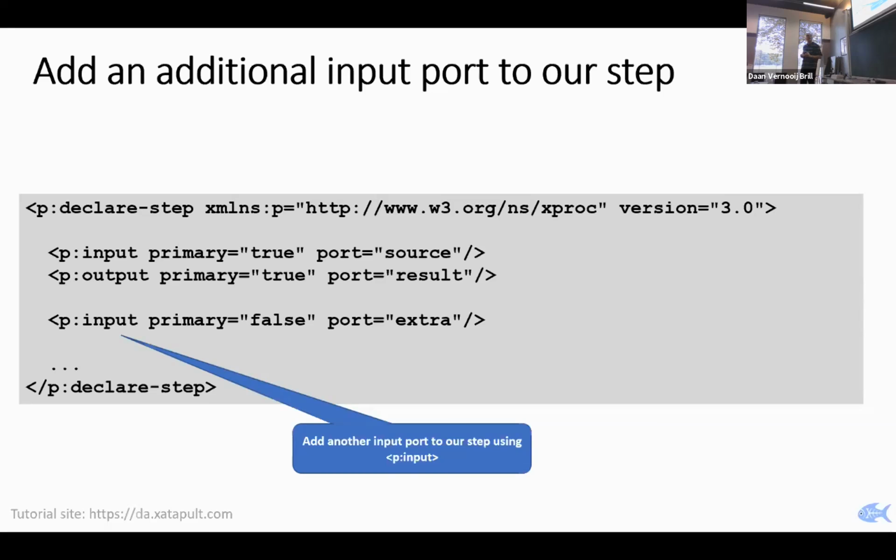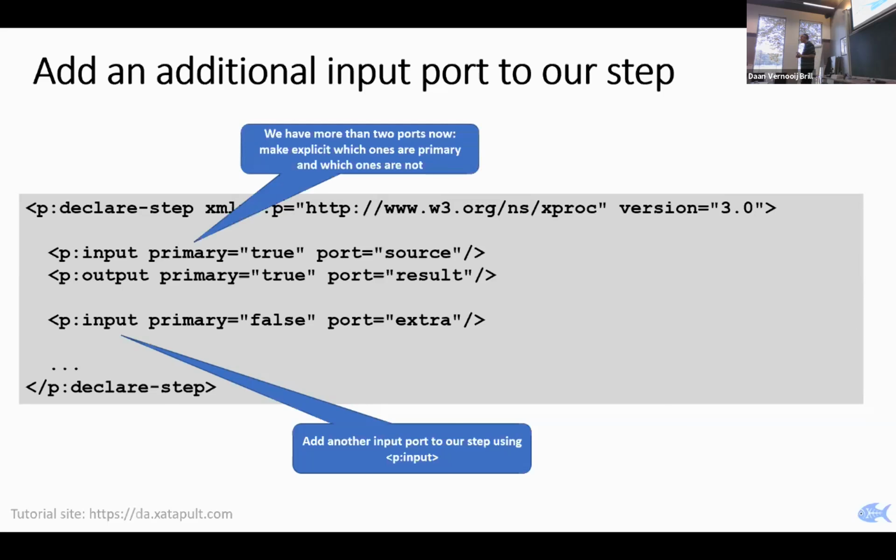But we now also have to explicitly tell the XProc processor that our other input port, called source, is a primary port, because it now sees two input ports. It doesn't know any longer which one is the primary one. Just for completeness' sake, I also added primary to the output ports. That is not strictly necessary, but I added it to show you that you can do that also.